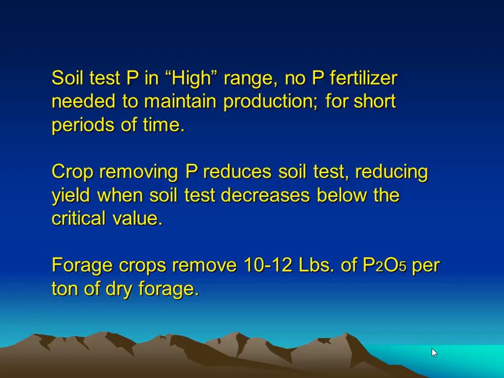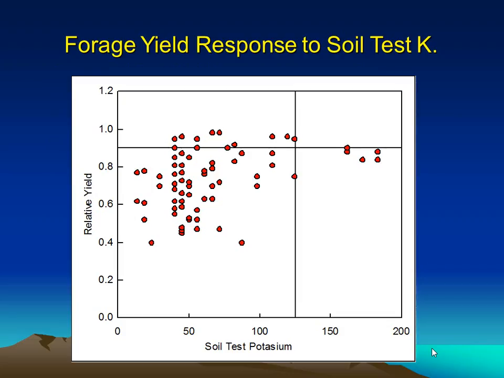So that's why I say you don't need it for short periods of time. The crop removing, well, I guess the answer was right there too. It reduces yield. A hay crop is removing about 10 to 12 pounds of phosphorus, P2O5, per ton of forage that comes off. We'll talk more about that.